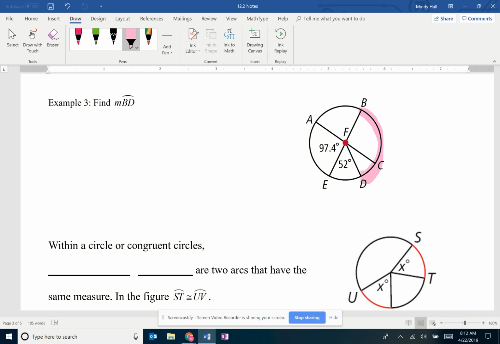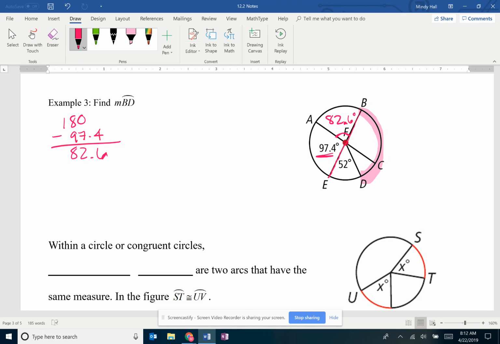So in order to find the measure of BD, you're actually going to have to use some of your supplementary angles. You notice with this 97.4, it makes a straight line all the way across. And so it's supplementary to the angle next to it right here. So if you do 180 minus 97.4, you get 82.6. So I know that this angle is 82.6 degrees.